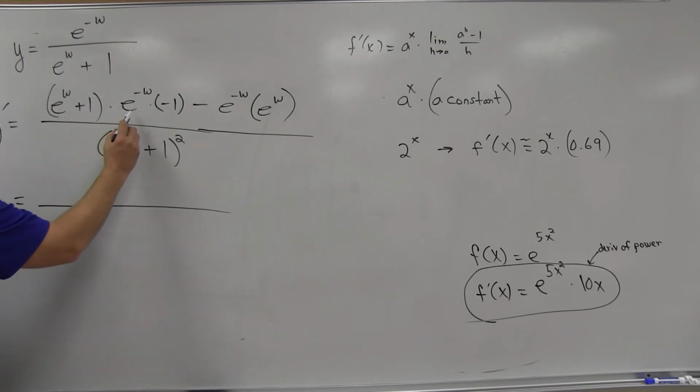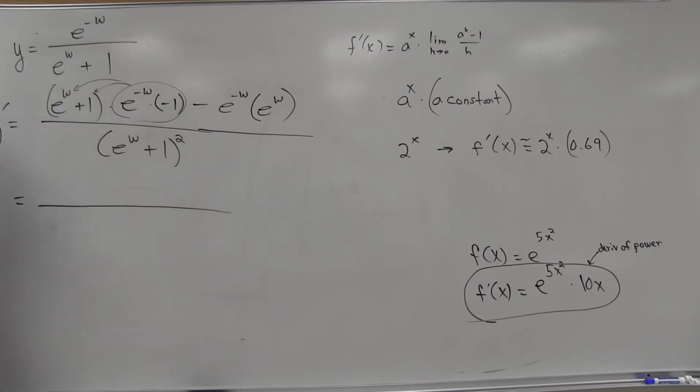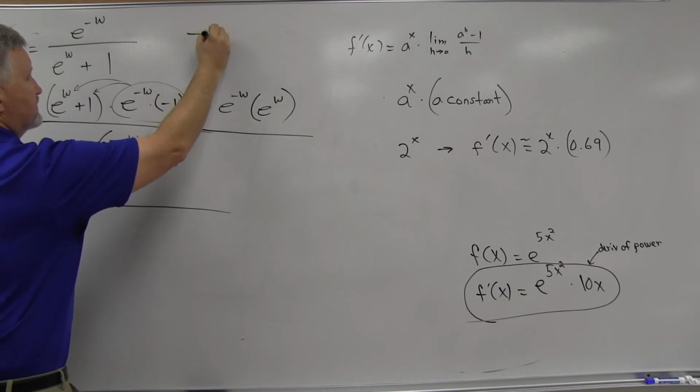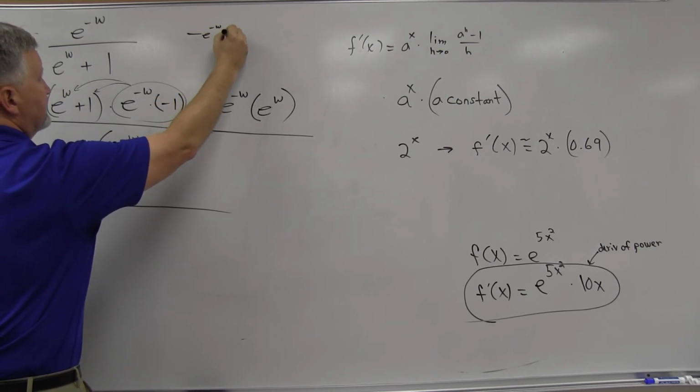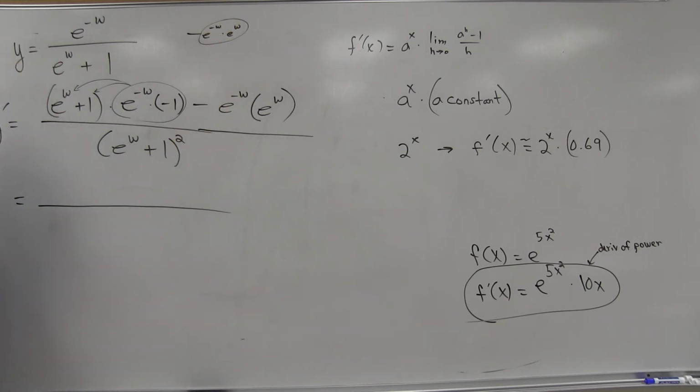But here, that's just minus e to the minus w. So I just need to distribute that. And when I do that, I've got minus e to the minus w times e to the w. And so what do we get there? E to the minus w times e to the w is e to the 0. Remember, that's where we just kind of did that in reverse.